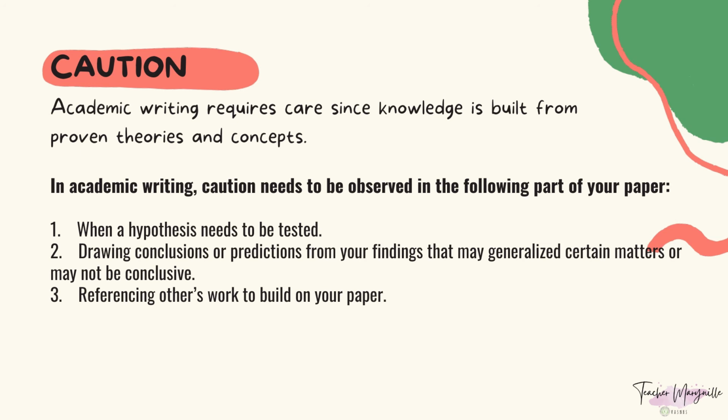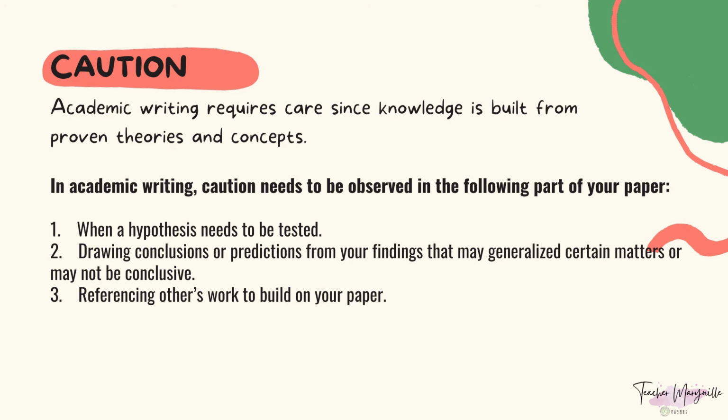First is when a hypothesis needs to be tested, if you want to test the theory if it is true or not. Number two, when drawing conclusions or predictions from your findings that may generalize certain matters or may not be conclusive. This will affect the reliability and the validity of results.